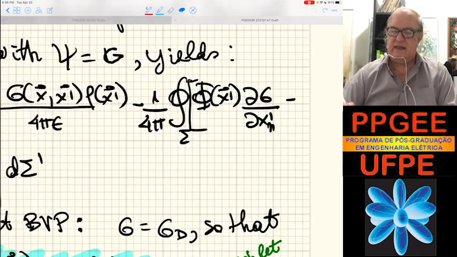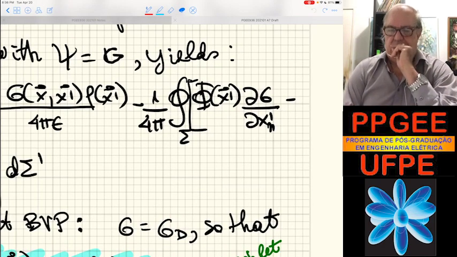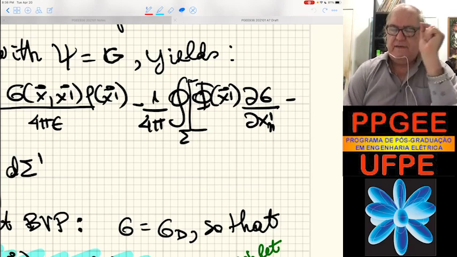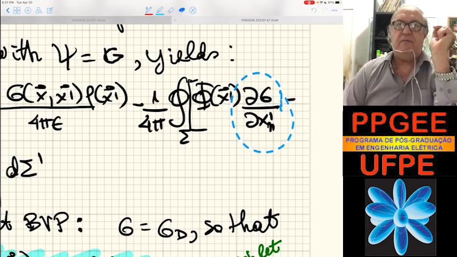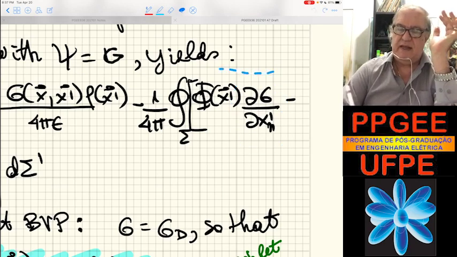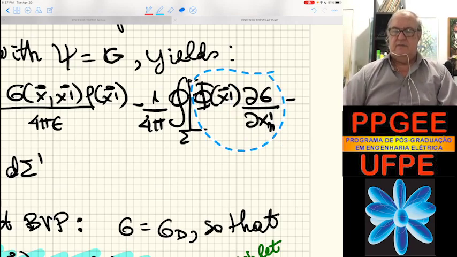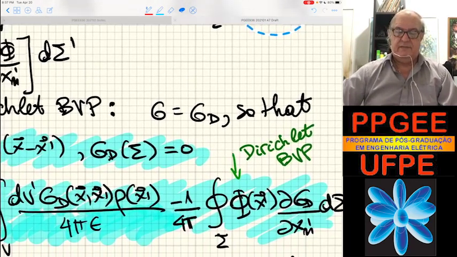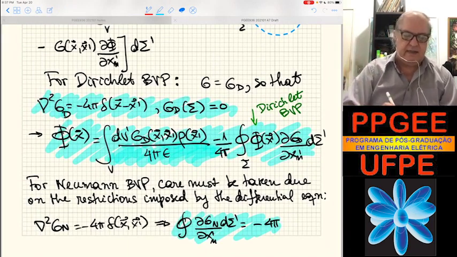So we would tend to use the Green function to set to 0 the normal derivative of G, so as to eliminate this term here, right? But that cannot be done. Let's see why. We have to be careful, because recall that the Green function satisfies this condition here.